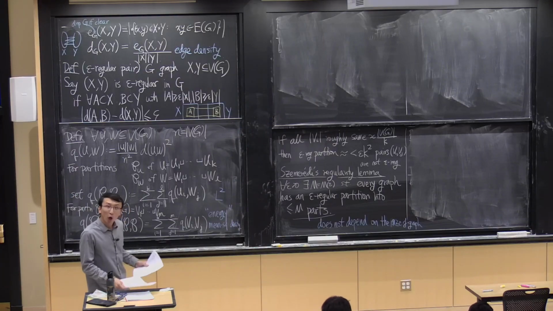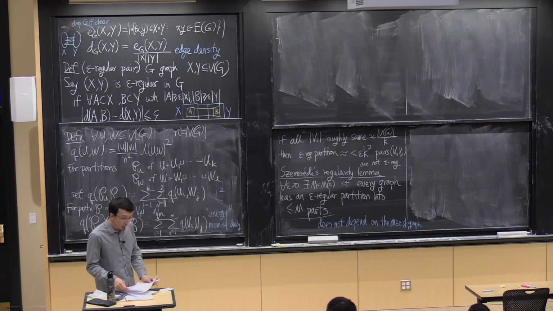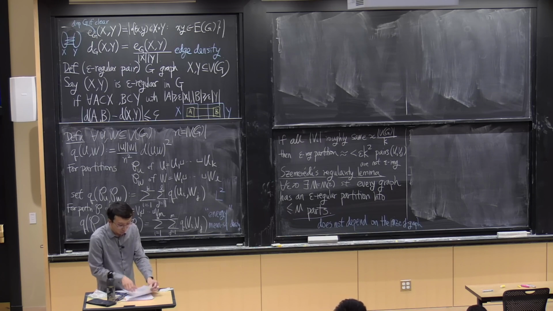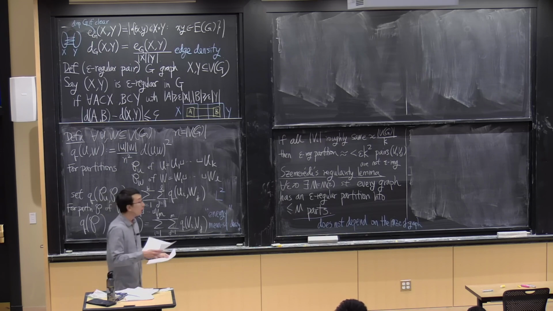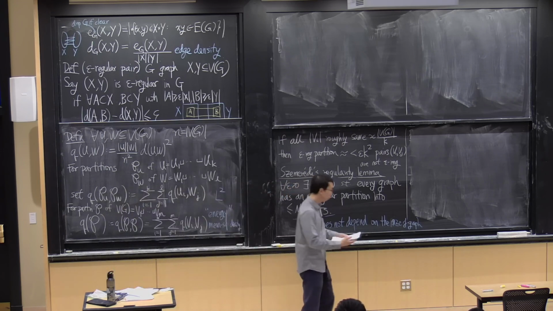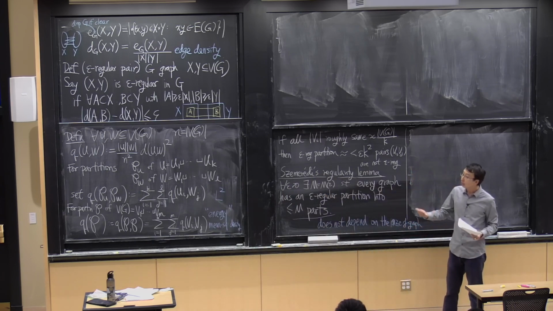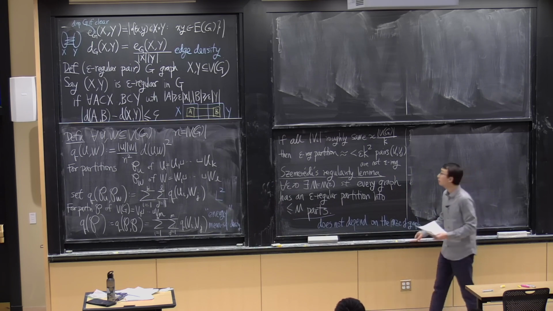So this is the important object for our proof. And let's see how to execute the strategy, the energy increment argument outlined on the board over there. So we want to show that you can refine a partition that is not epsilon regular in such a way that the energy goes up. And to do that, let me state a few lemmas regarding the energy of a partition under refinement.